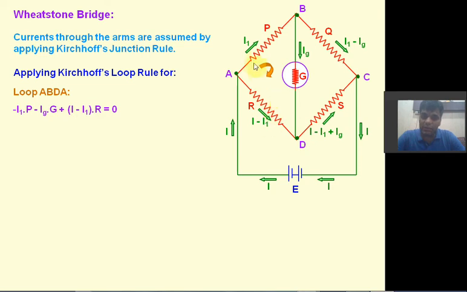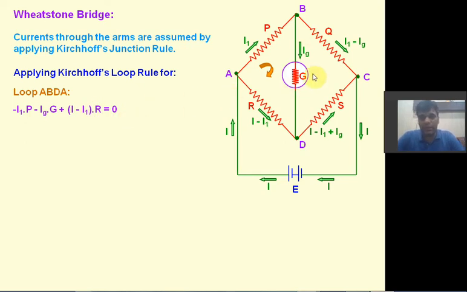The total sum of potential along loop ABDA will be minus I1 P minus Ig into G plus I minus I1 into R is equal to 0.